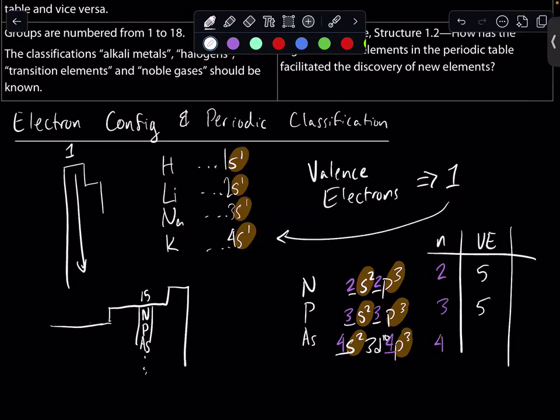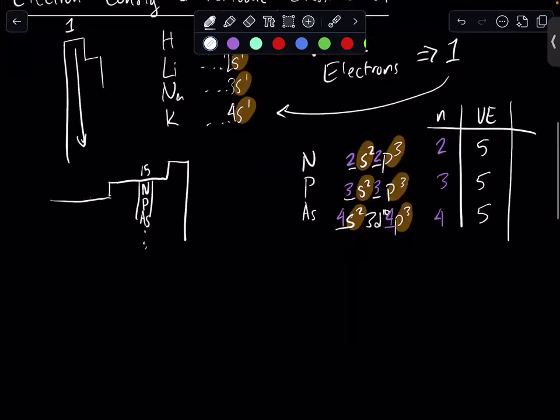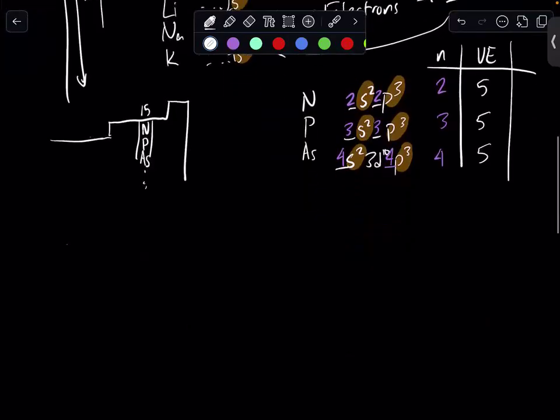Phosphorus, we have 5. Arsenic, we have 5. So every element in the same group is going to have the same valence electrons, and we can find that through their electron configurations. So just for further clarification, let's make sure we can do those electron configurations.